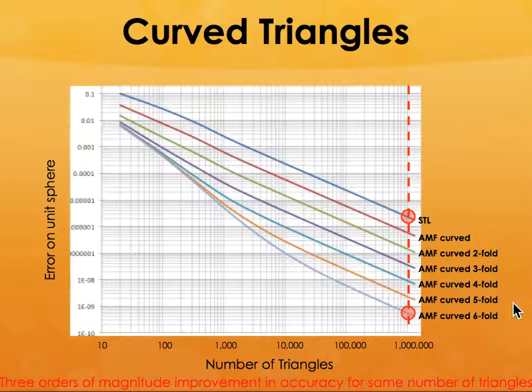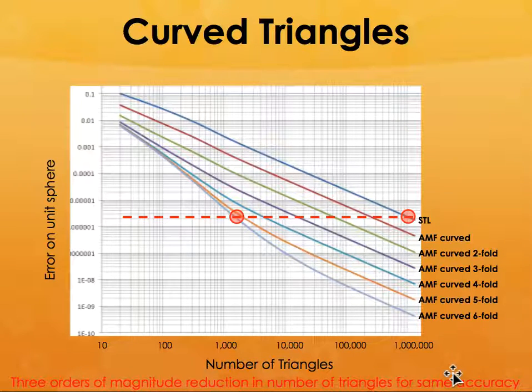Okay, so this one is curved triangle, so that's the maximum you can do with STL, and this is with AMF curved sixfold. You can see that from STL to this one, it can reduce the error by a considerable amount.